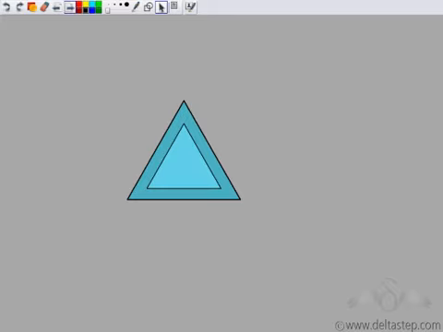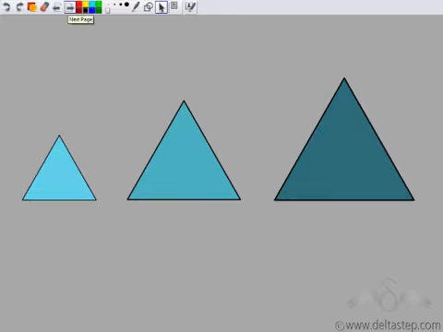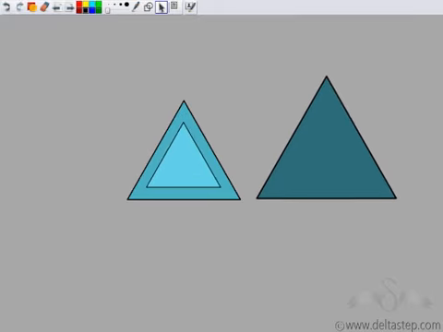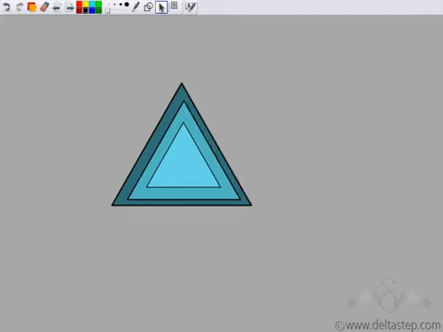Now I make another triangle which is larger than this triangle also. Again you can see that you can put one inside the other, shape being the same. So the shape of all these three are the same, only difference is the size.